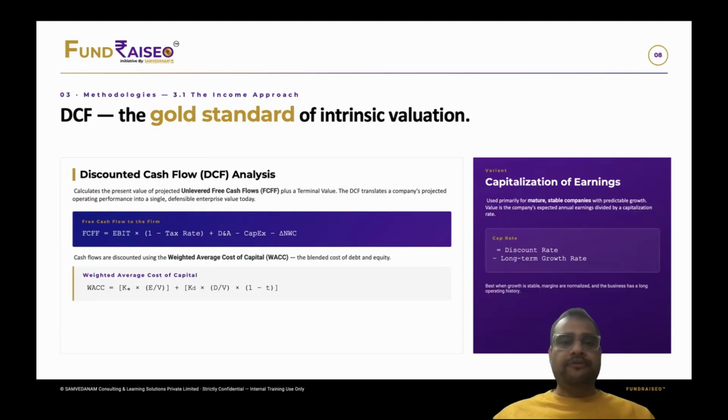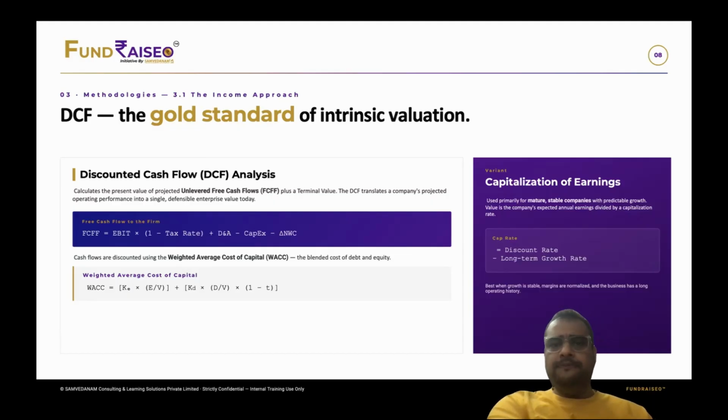Now, how do we calculate the weighted average cost of capital? It is the cost of equity multiplied by the amount of equity which you have utilized over the total value which you have utilized, combining both equity as well as debt, plus the cost of debt at which you have taken the debt, I would rather say, multiplied by the total amount of debt which you have utilized, divided by the total value of equity and debt, into 1 minus the tax rate.